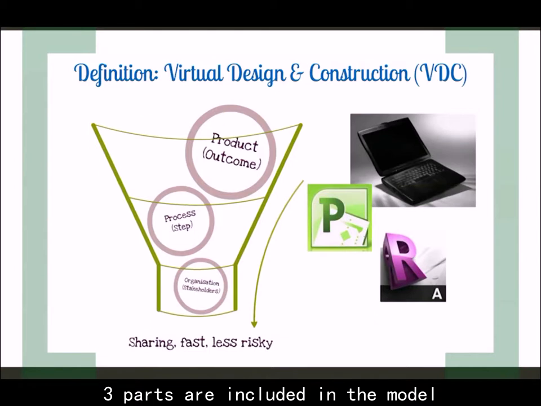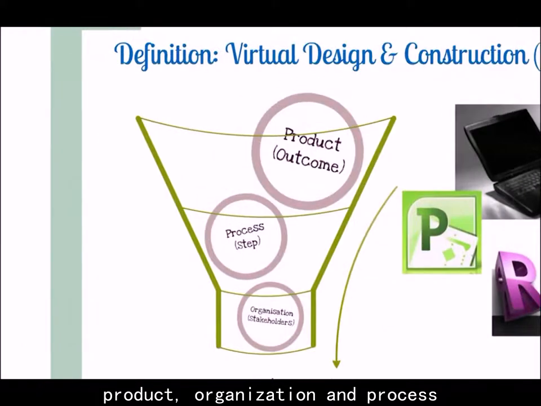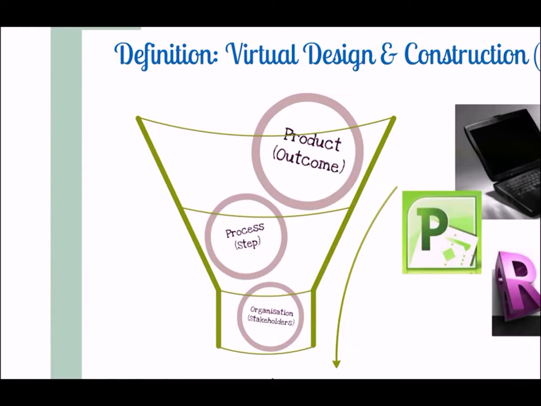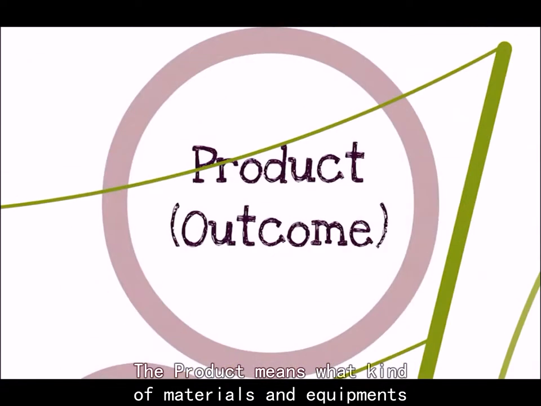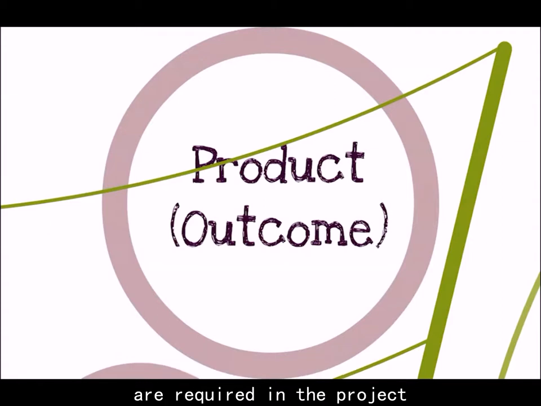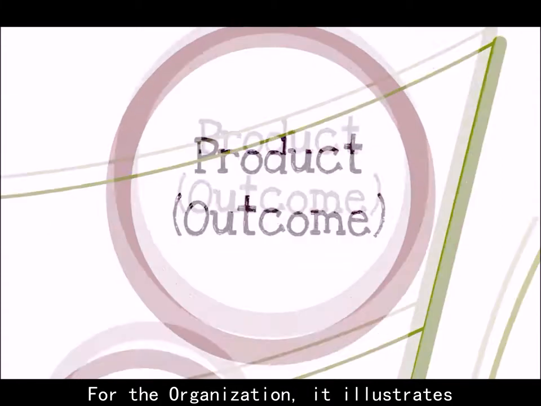Three parts are included in the model: product, organization, and process, and it is referred to as the POP model. The product means what kinds of materials and equipment are required in the project.